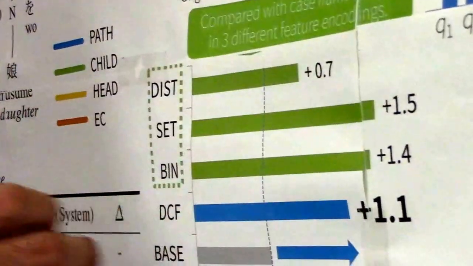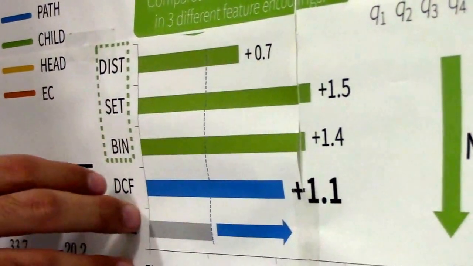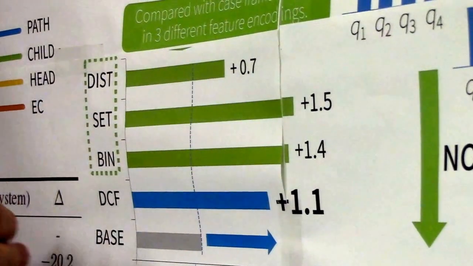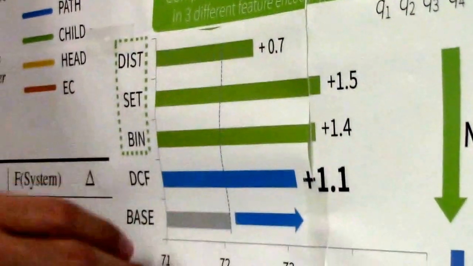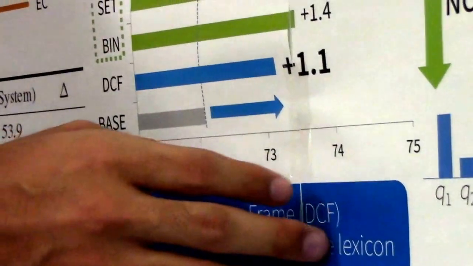The result shows our proposed method, called DC, rivals the case frame lexicon. As our conclusion, the distributed case frames can approximate the case frame lexicon.